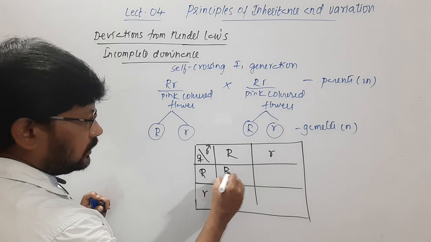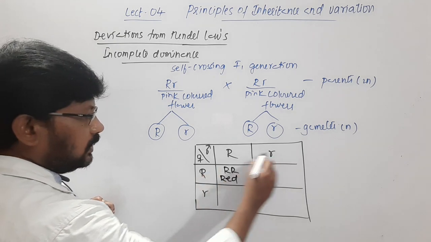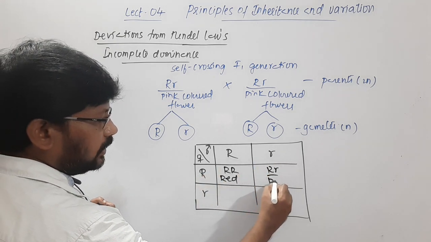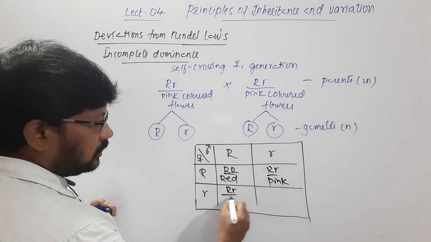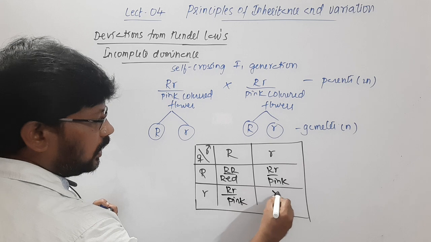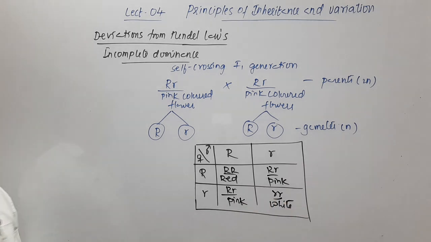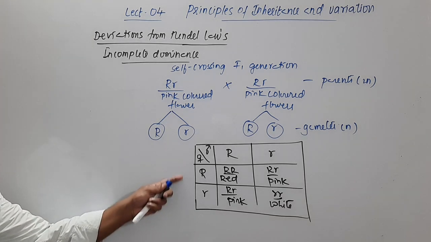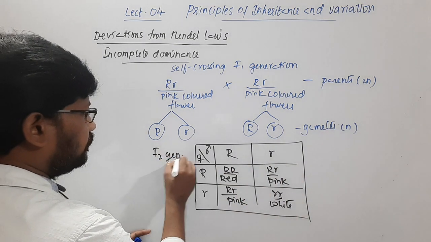This and this we obtain red. This and this we obtain pink. This and this, capital R, small r, again we obtain pink, and small r, small r we obtain white. So this is the result in the F2 generation.